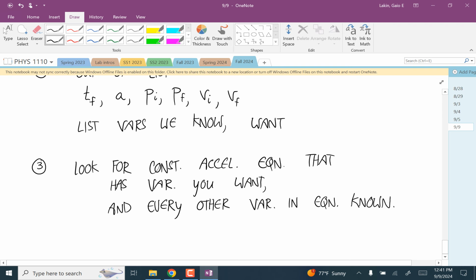That's kind of a wordy way to say it. It's hard to come up with a good, clear wording for that. But all that's saying is, what do you need in order to use an equation to solve for a variable? You need to have one thing in the equation be the variable you want, and everything else just has to be numbers, you know?